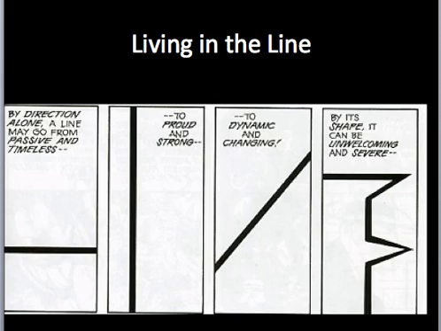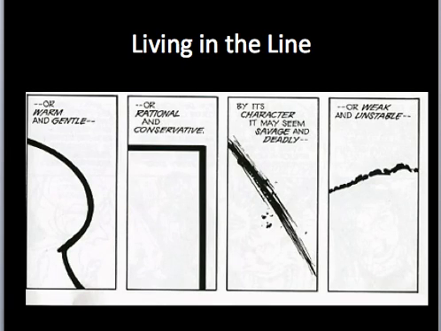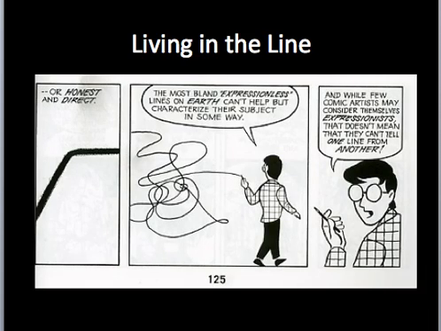By its shape, a line can be unwelcoming and severe, or warm or gentle, or rational and conservative. By its character, it can be seen as savage and deadly, or weak and unstable, or honest and direct. We see a representation of the author squiggling lines around.